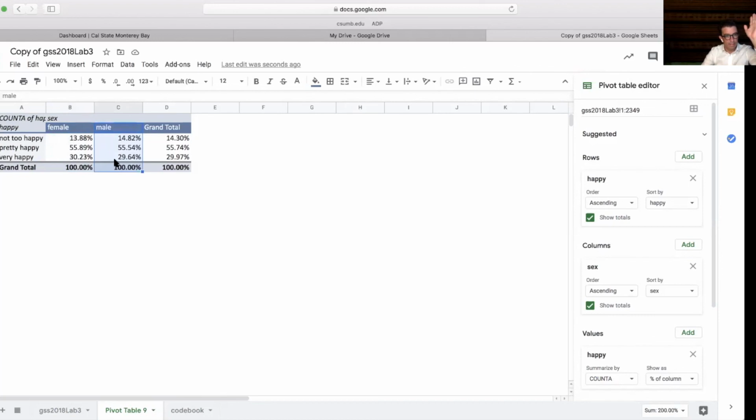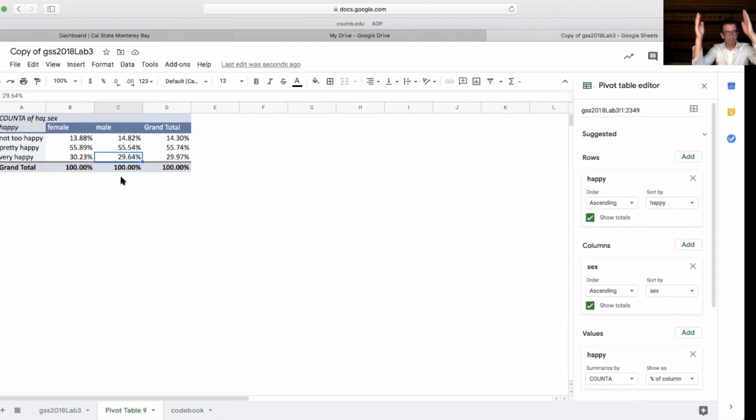Now, if there was a relationship between gender and happiness, we would expect these columns to be different. In this case, let's compare them.